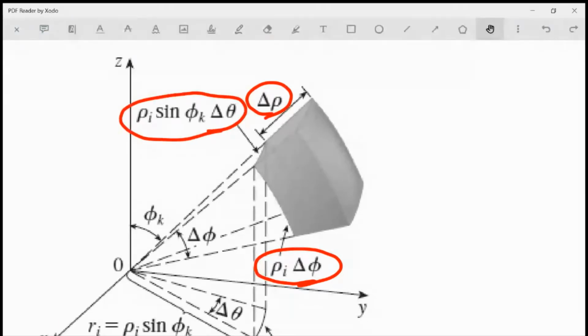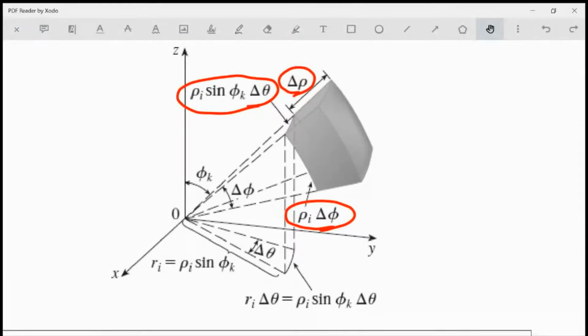Now, like I said, we're going to go through the details of that a little bit more in class, but the main thing is we can come up with those by thinking about how much these things change when I have a change, for example, in phi, or when I have a change in theta, what's happening to these dimensions of this wedge that we're essentially treating as a rectangular prism.